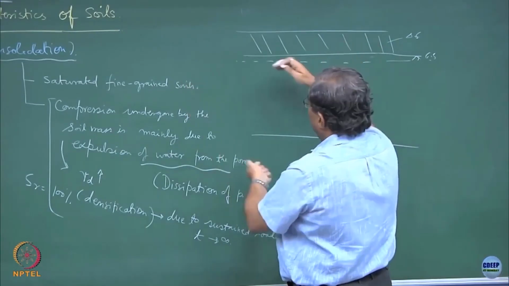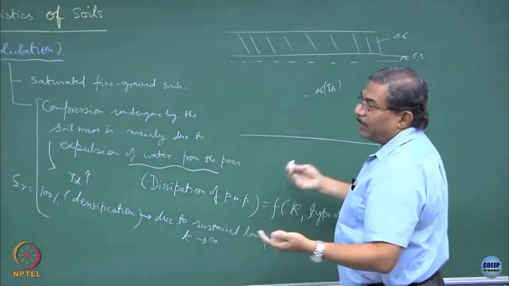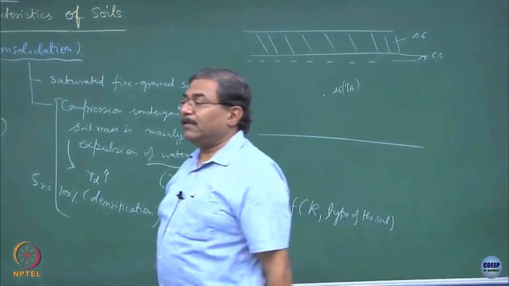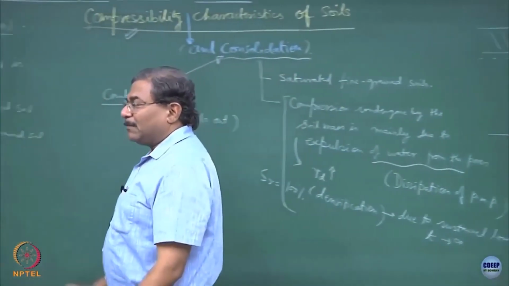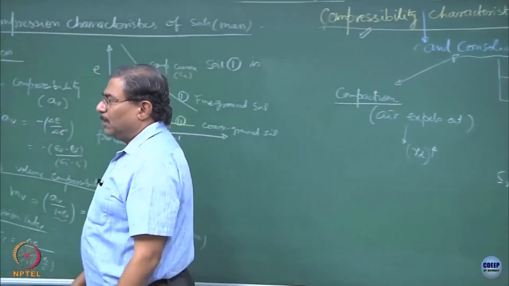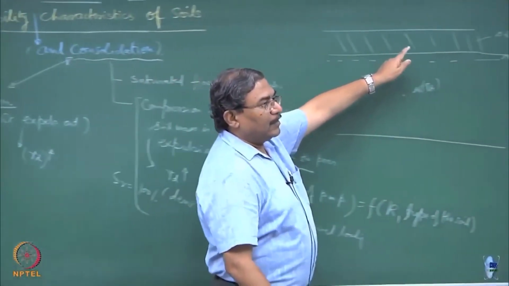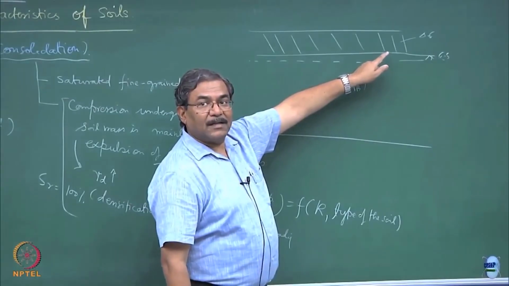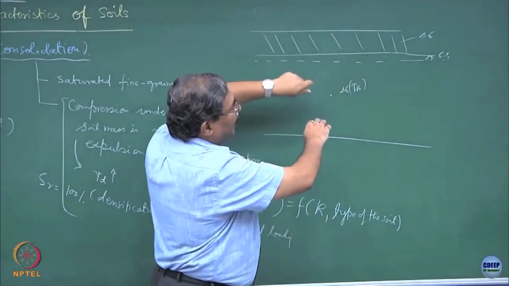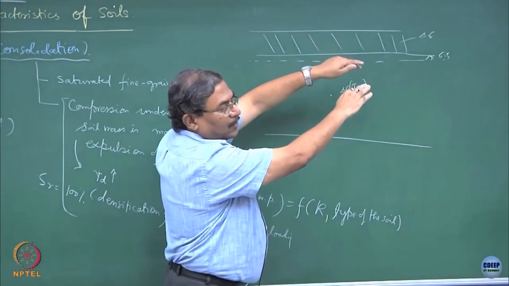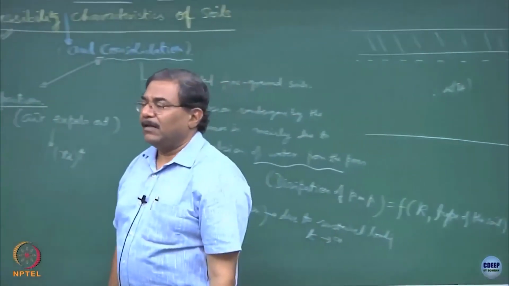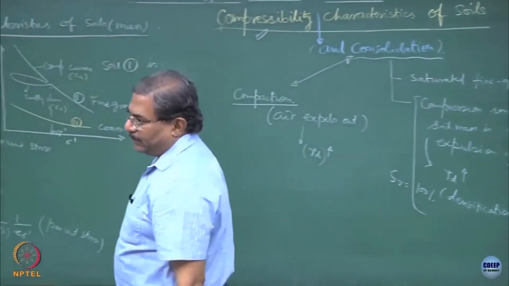Why? Because the thickness of the deposits might be different, soil properties might be different, pore structure might be different, and so on. So the whole thing will result into differential settlements. So one portion will settle more as compared to the next portion and so on, and hence the entire system will result in a failure.